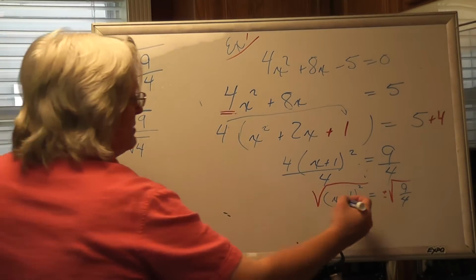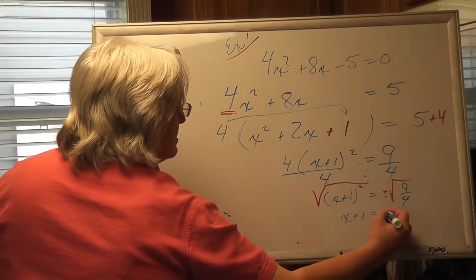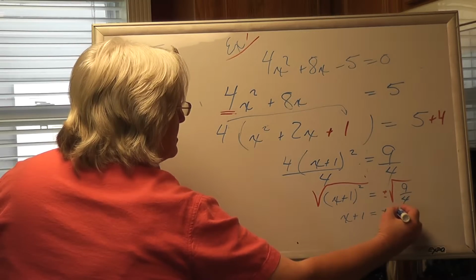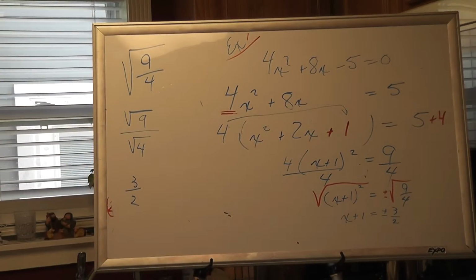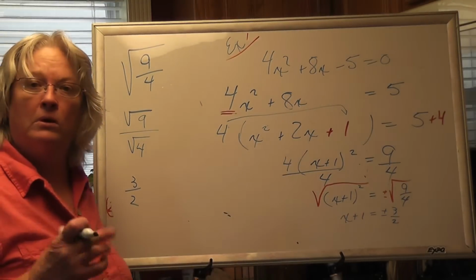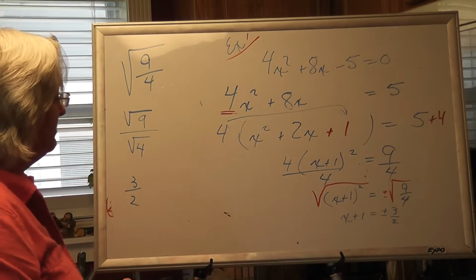So our next step here says x plus 1 is equal to plus or minus 3/2. I think this is just too funny because this is a different problem that's very, very similar to the last example that I worked on, section 11.4.